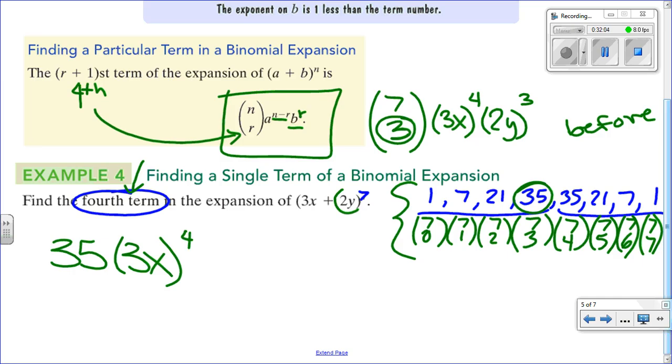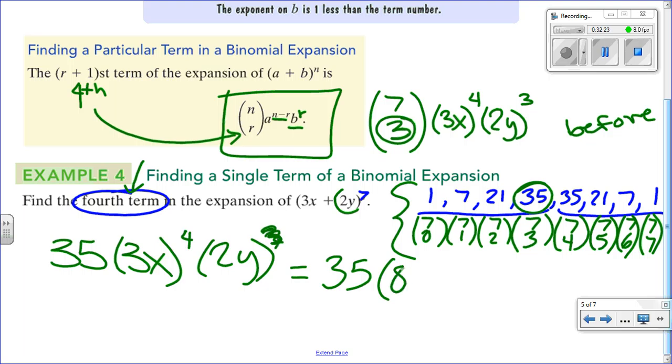And also we have that r, which is 3. So we do that. Let's finish this one quickly. So we'll have 35. 3 to the power 4. This one, right? Okay, thank you. So what is 3 to the power 4, guys? Is that 81? 81x to the 4th. And then this should be a 3.